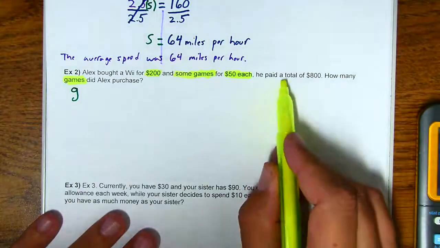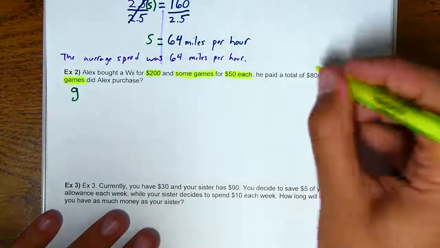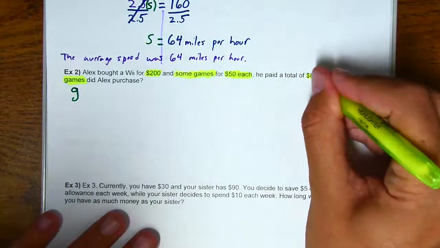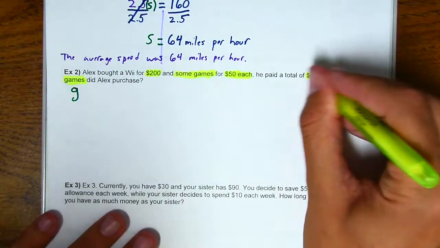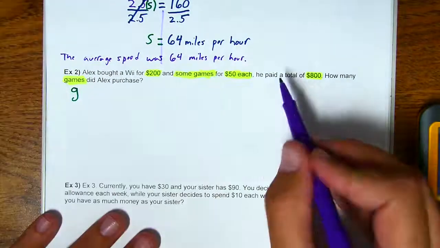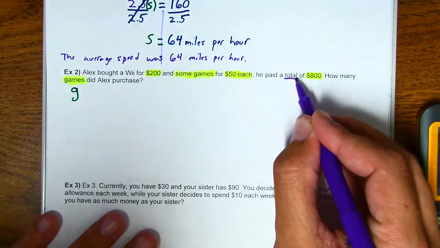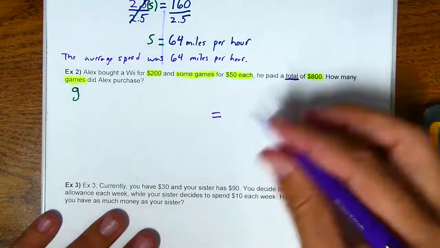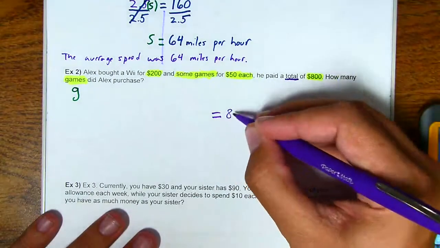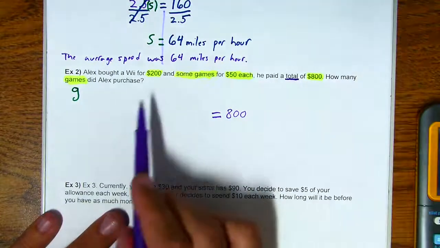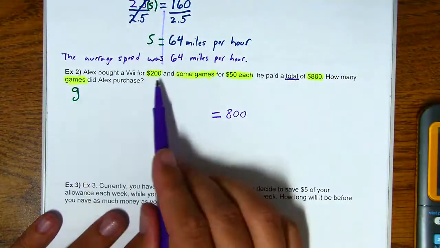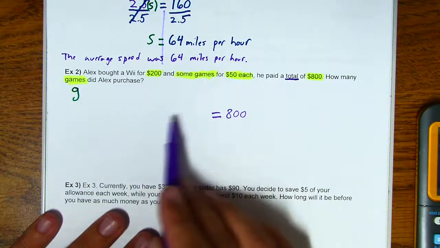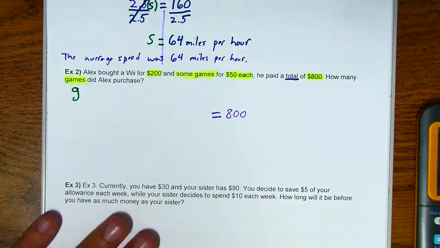And here it says that he paid a total amount of $800. So when we're dealing with money, the word total is going to be really important because that's what we're going to put on the right side of the equal sign. We're going to put 800. The reason why is because we're still going to solve for G, but they're giving us the amount of money and we know the total, right? So now we just need to set up an equation, okay?